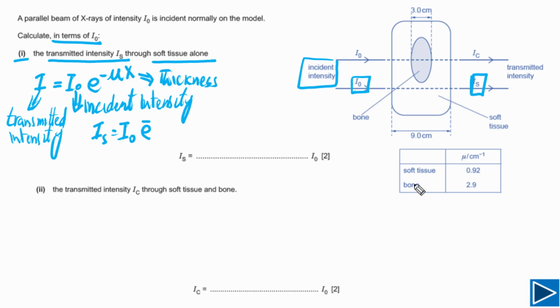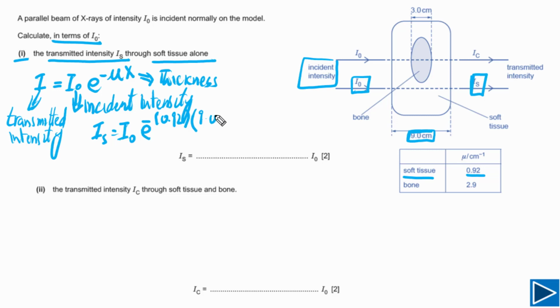The value of mu for soft tissue is given, 0.92, so we plug that in. We also need to plug in the value of x, the thickness, which is 9.0 centimeters, only the thickness of soft tissue.